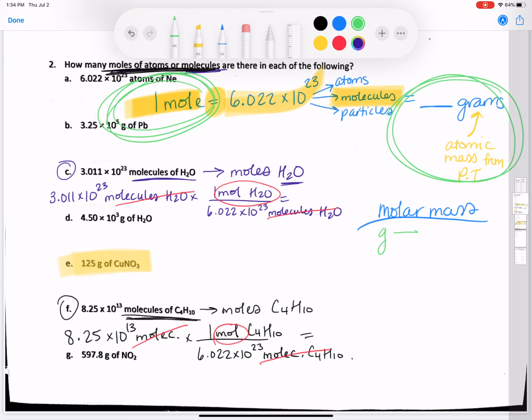So molar mass always helps you go from grams to moles or from moles to grams. So I just write it out this way, representing that relationship. If I have the unit grams and I'm trying to end with moles, I use molar mass. If I have the unit moles and I'm trying to end with grams, I use molar mass. And this requires me to go to my periodic table and do some calculations on my own.